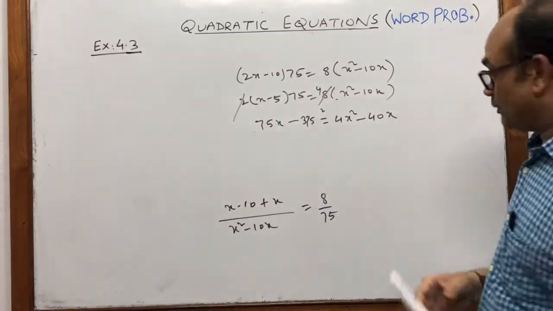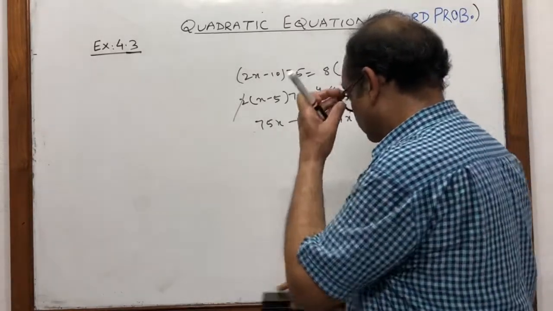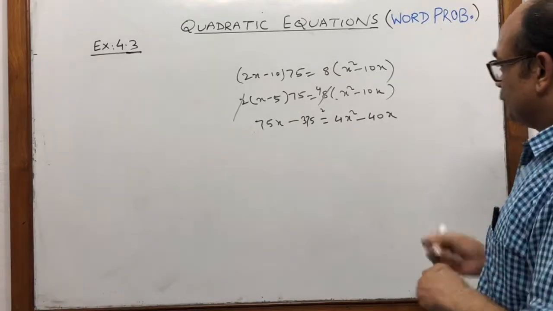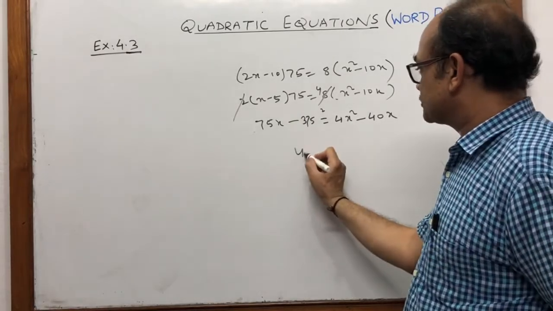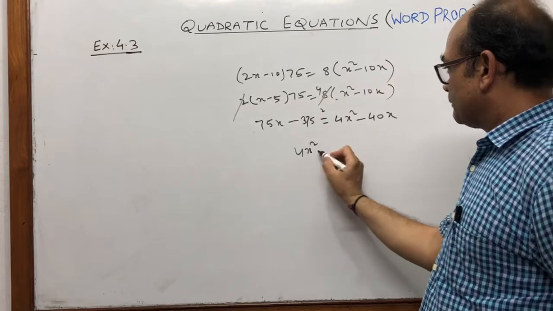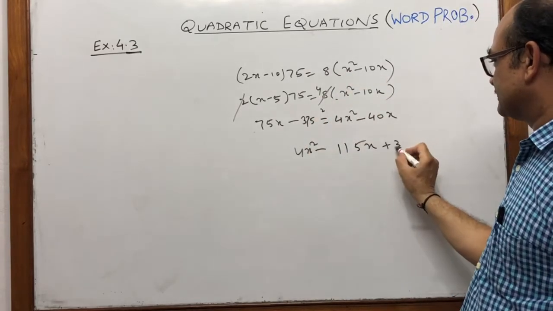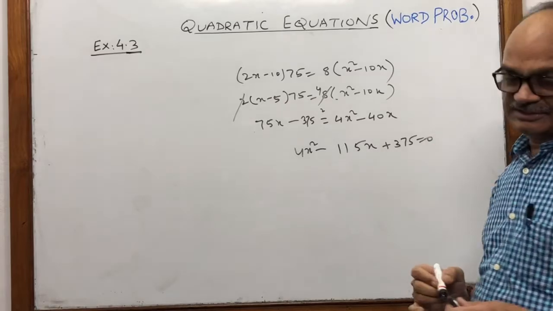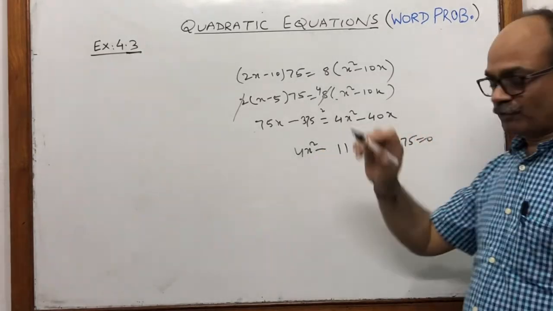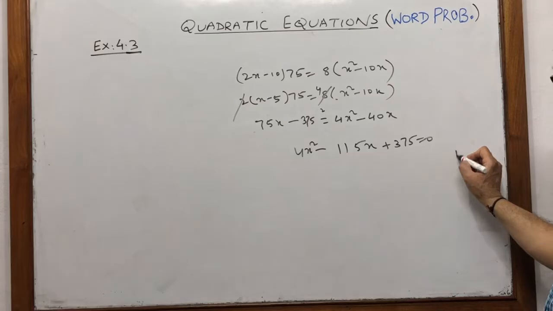Now form the quadratic equation. What are we getting? You are getting 4x square minus 115x plus 375 equal to 0. 375 into 4, 1500.